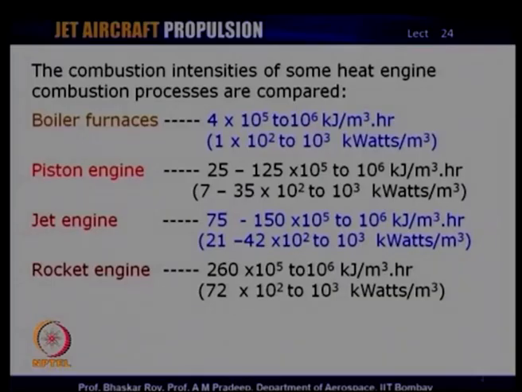And if you go to rockets, the requirement is of the order of 260 into 10 to the power 5 to 10 to the power 6 kilojoules per meter cube per hour. So, rocket engines do have the highest heat release rate that needs to be created inside the rocket combustion chamber. So, jet engine comes second in the list of high heat release rates that are needed in combustion chamber.